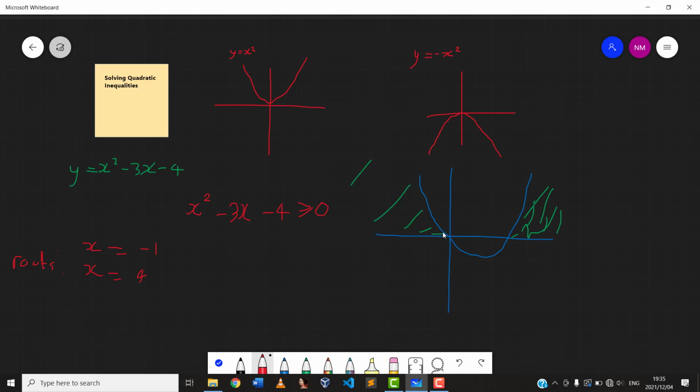So wherever x is less than or equal to minus 1, y is also greater than or equal to 0, right? Basically this area here, y is greater than or equal to 0. And also this area here, where x is greater than or equal to 4.